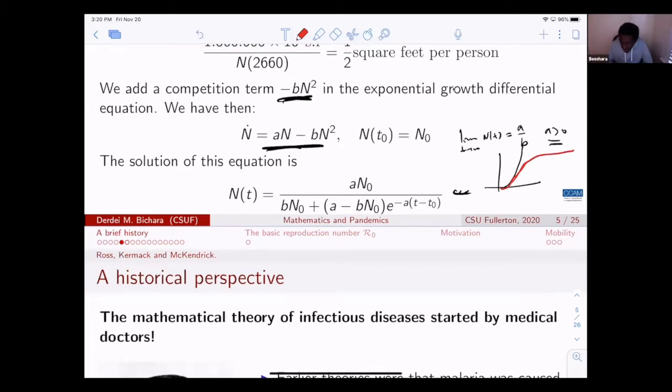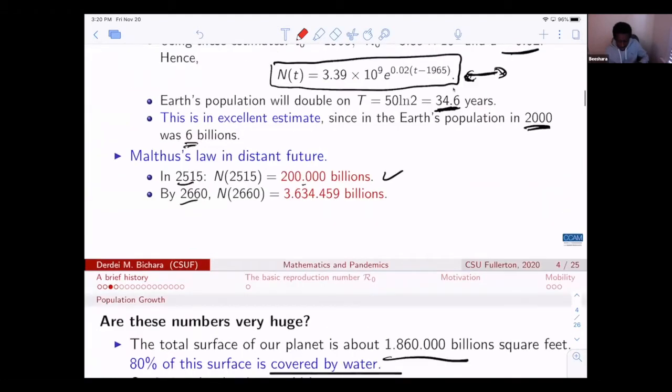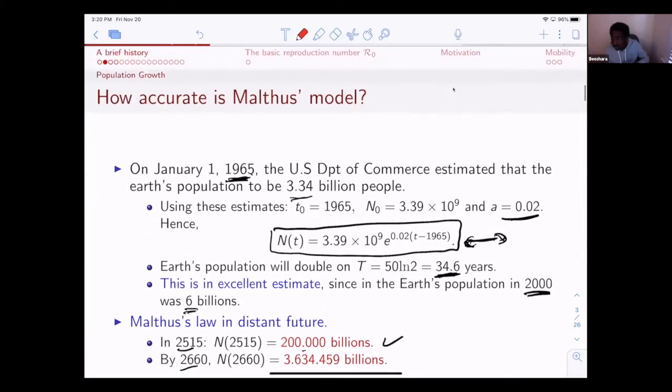So at the beginning, they were both good, but as time increases, the exponential growth will be completely unrealistic, whereas the logistic model will give some nice estimation.